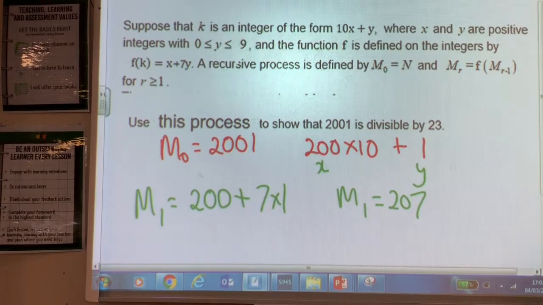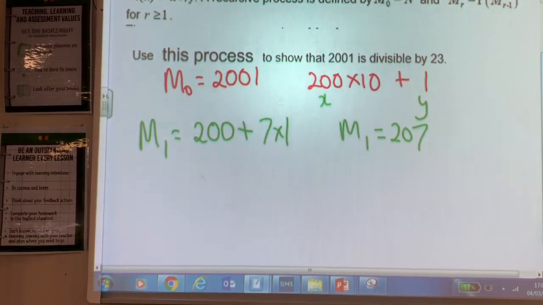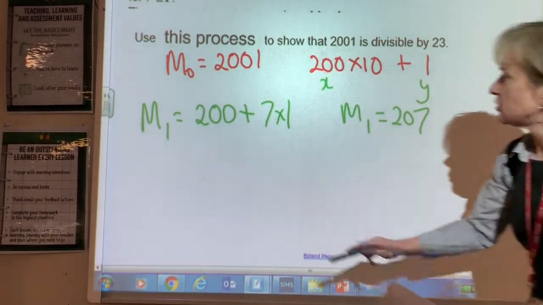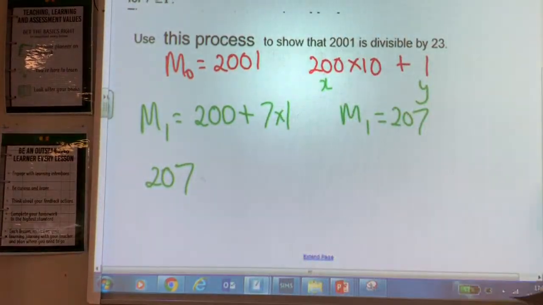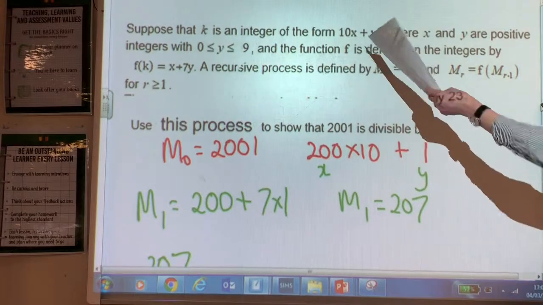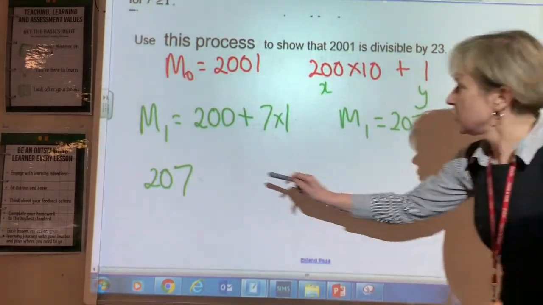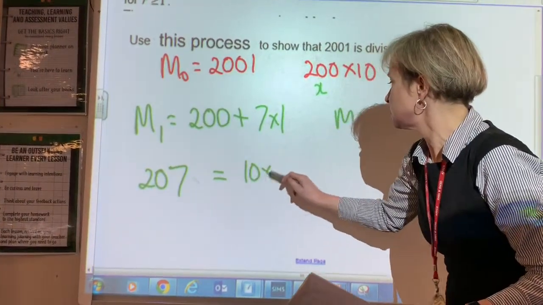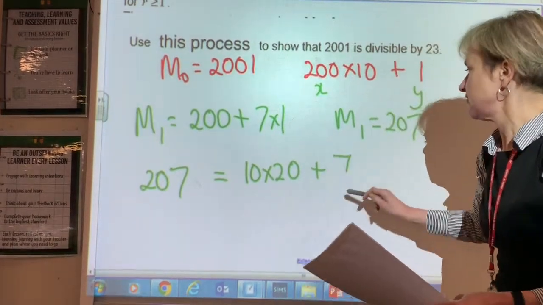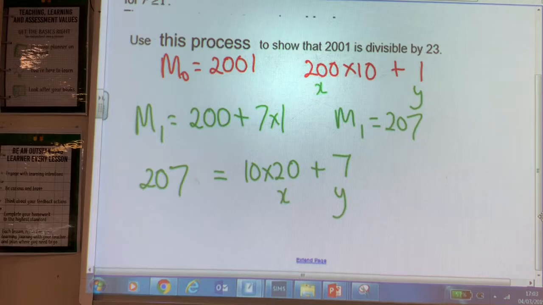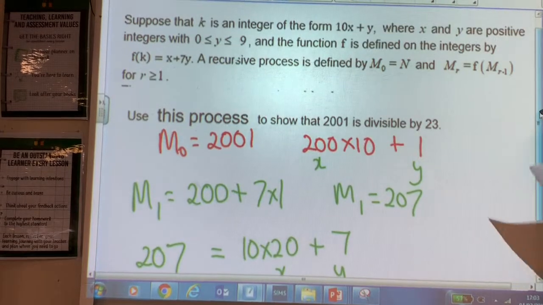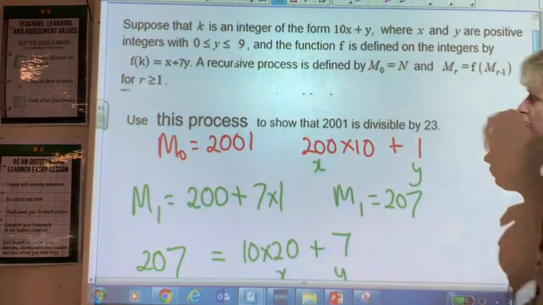Now we're still not ready to show that that's divisible by 23. So we're now going to take 207 and break it up in the same way as 10x plus y. So that's going to be 10 times 20 plus 7. So x is 20 and y is 7. You're then going to put that back in to get your next iterate.